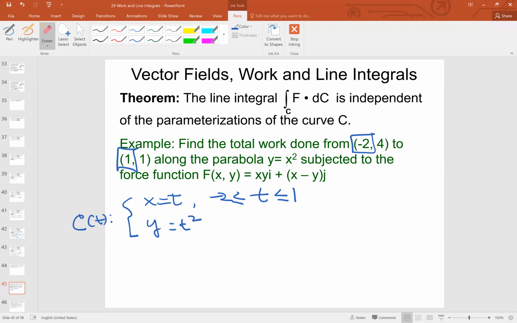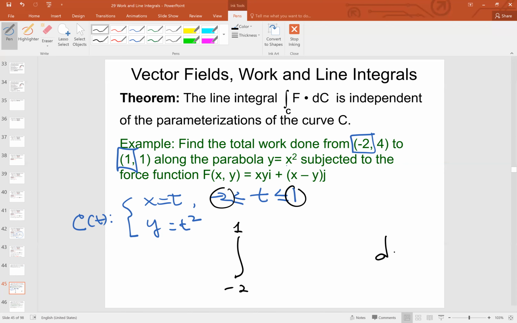Okay, once we have what the x component and y component are, now I can replace everything with t. Remember, we have to calculate the integral first of all from -2 to 1, since we're going to integrate to come up with the answer of total work.